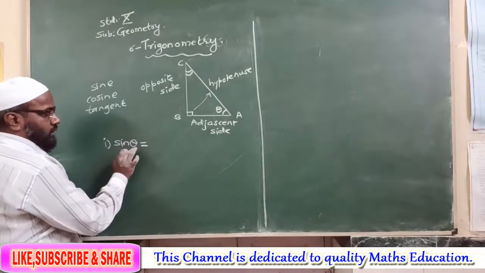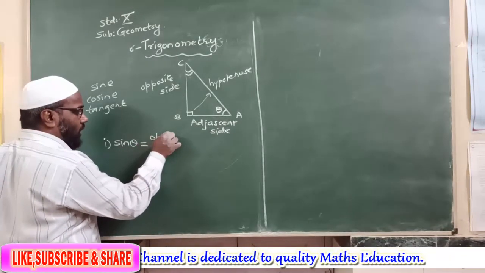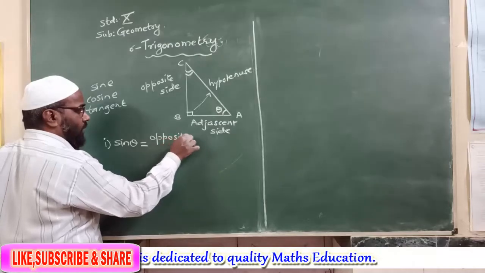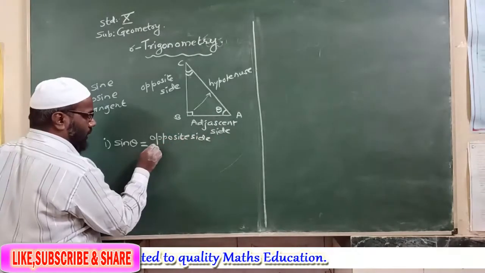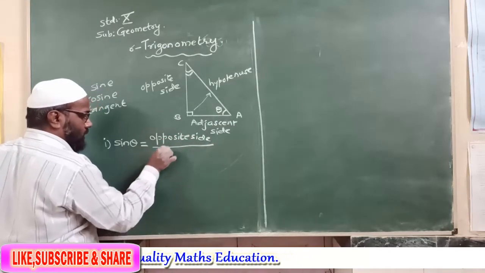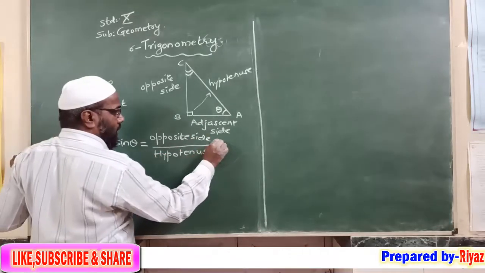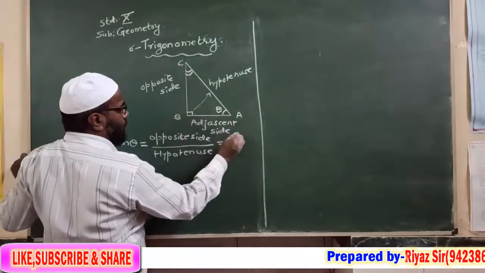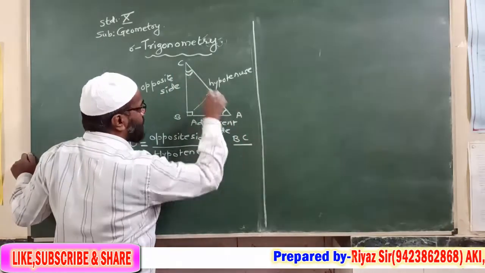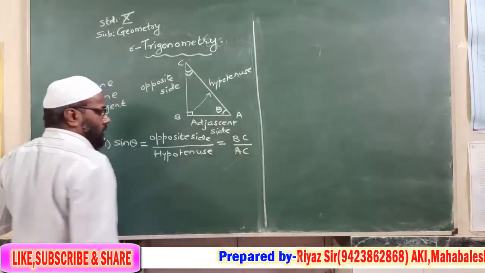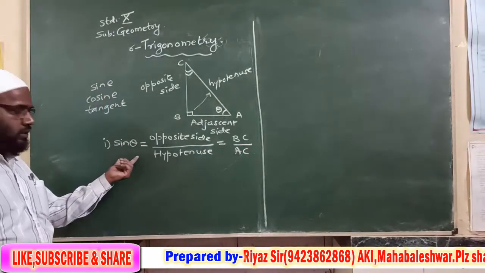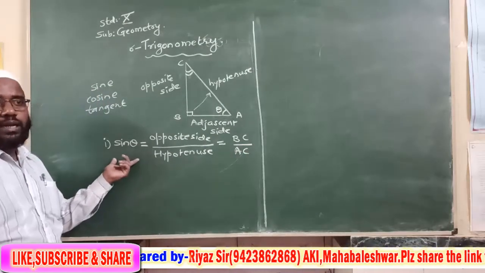So sin theta is equal to opposite side upon hypotenuse, that is BC upon AC. This is the definition of sin theta, which we studied in 9th standard.